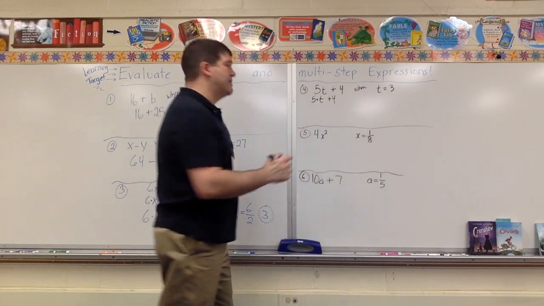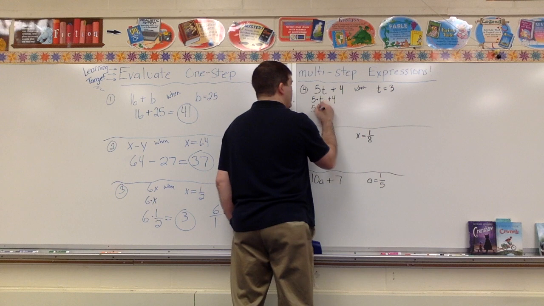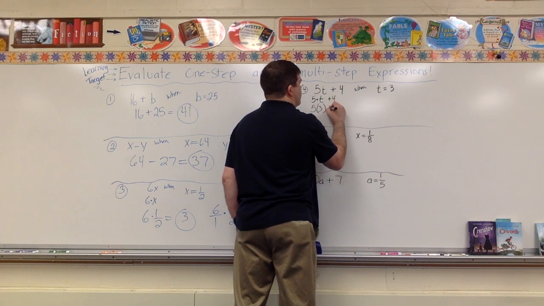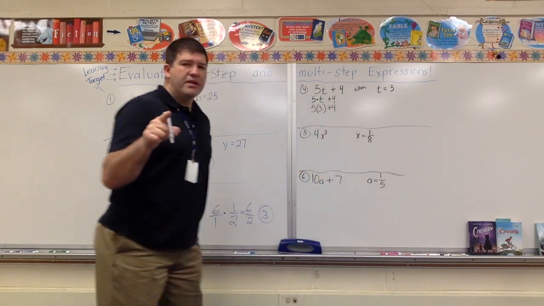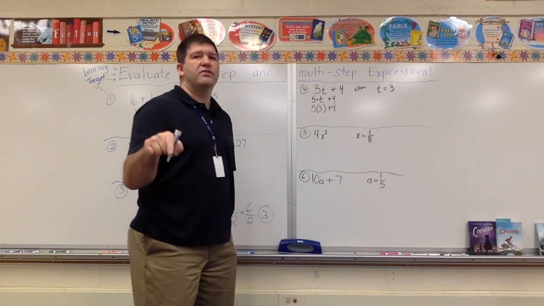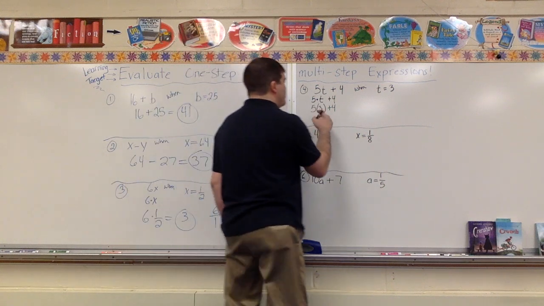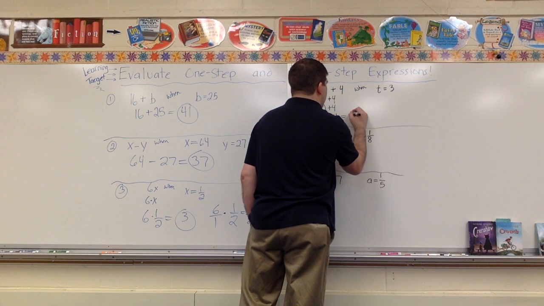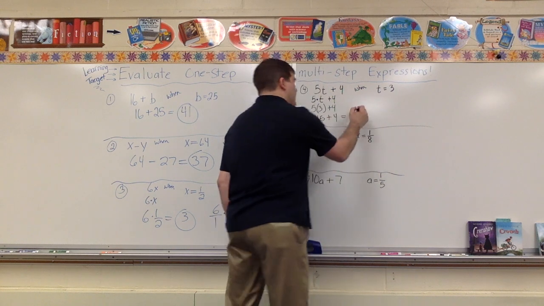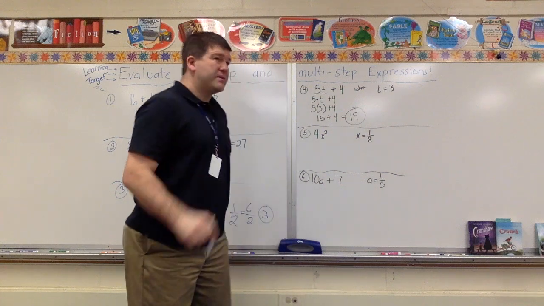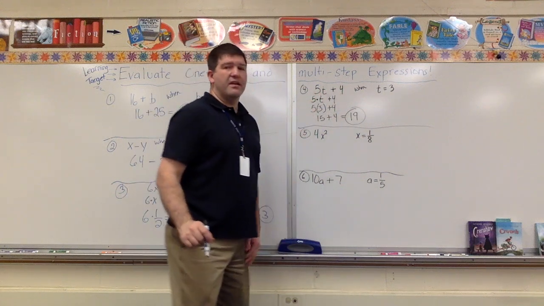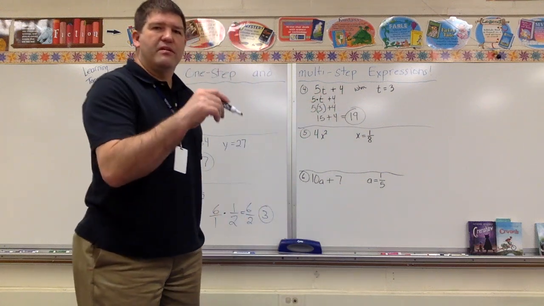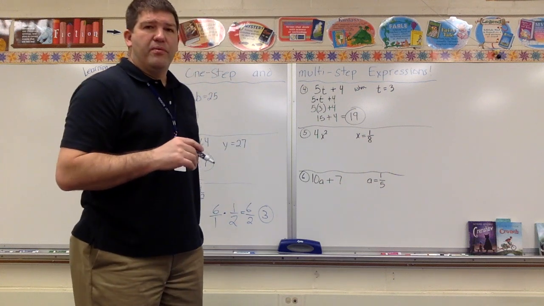So now I just replace the t with the 3 plus 4. Order of operations tells me that I have to do my multiplication first. So 5 times 3 is 15 plus 4 equals 19. So I did two steps. I did multiplication and then an addition once I plugged in what the variable was.